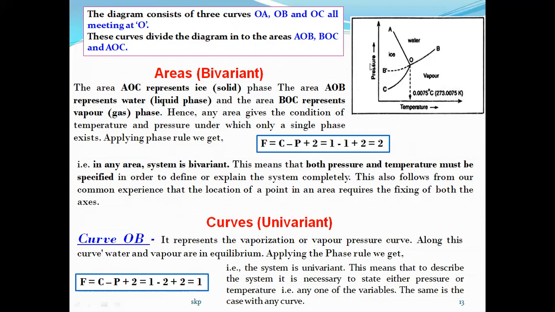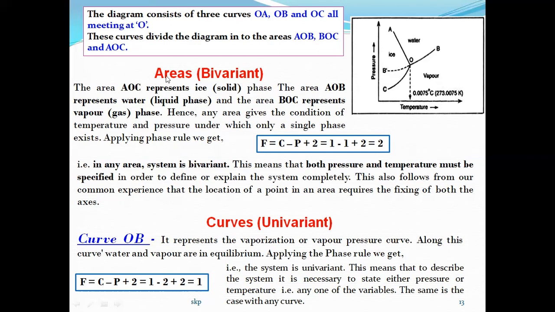All three lines are meeting at one point, indicated as O, which is also called the triple point, because three phases meet at the same point. Again, you can see one dotted line, OB dash, which indicates a metastable equilibrium or metastable phase of water. One by one we will see.